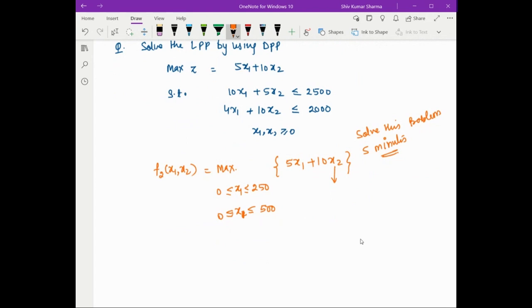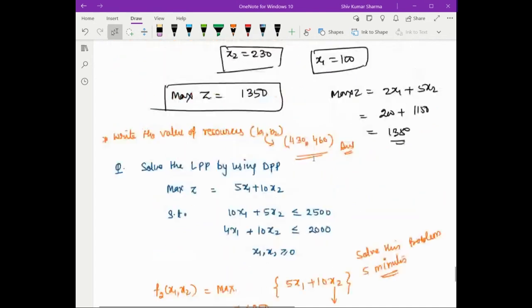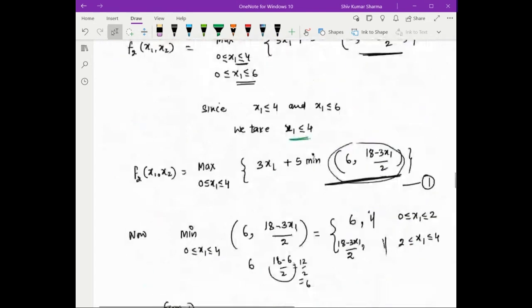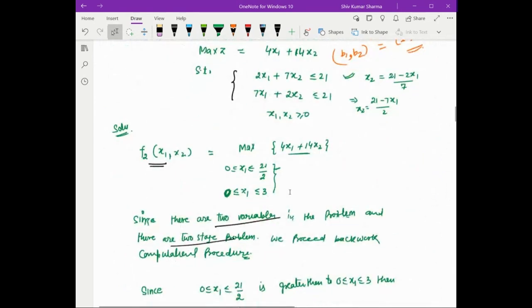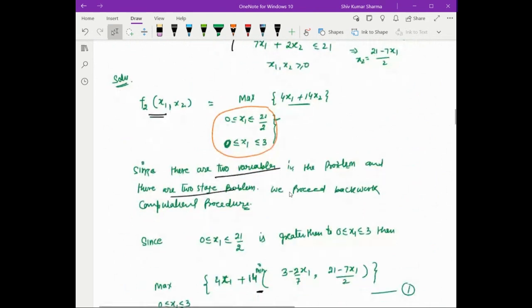So you decide this, then move further. We already solved various problems related to this. Here it is a two variable problem, so we write two values, that means two values of x1. The two variable problem is a two-stage problem, so proceed with the backward computation procedure.